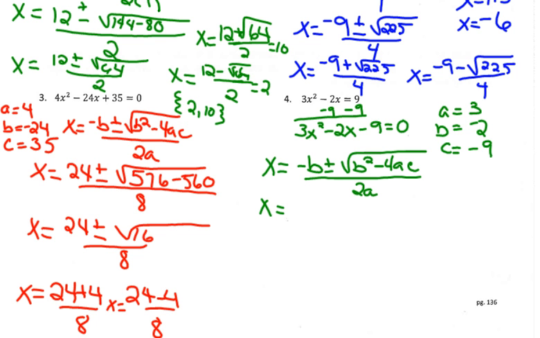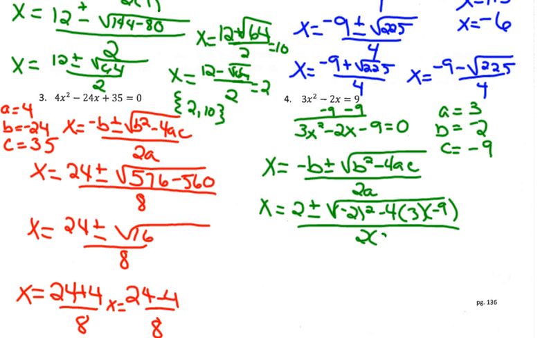And then I'm going to fill in my numbers. So the negative of a negative is positive 2. I have a little bit more room, so I'm going to write all of this out. Negative 2 squared minus 4 times 3 times negative 9 all over 2 times 3. So, let's see, we're going to have 2 plus or minus square root of 4 plus 4 times 3 times 9, which is 108, all over 6.